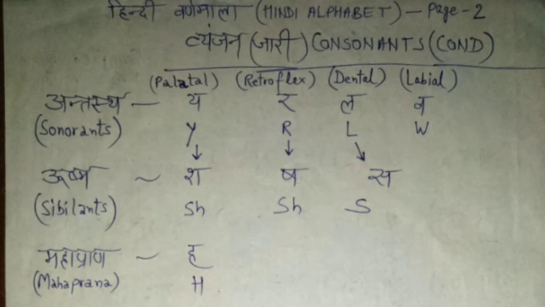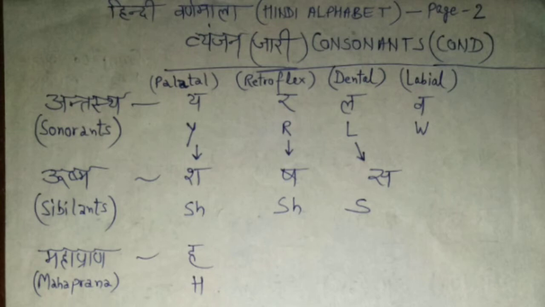Another category. In English, it's called sibilants, as you can see in the chart. In Hindi it is ushma. What are these three consonants in Hindi? Sha is palatal. And then sha is retroflex, like Sean. Hey Sean, what's up?